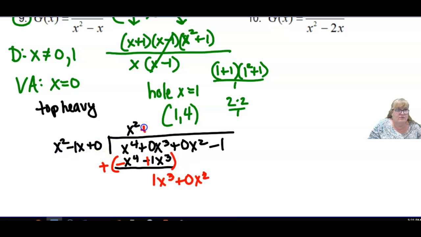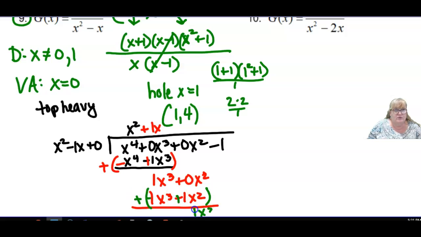So I need to multiply by a 1x and distribute it. And then I subtract one more time, or add the opposite, and end up with a 1x squared minus 1. This is nastier than I thought.